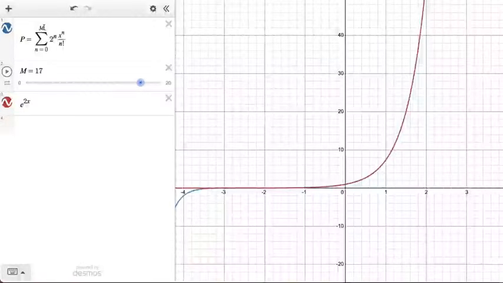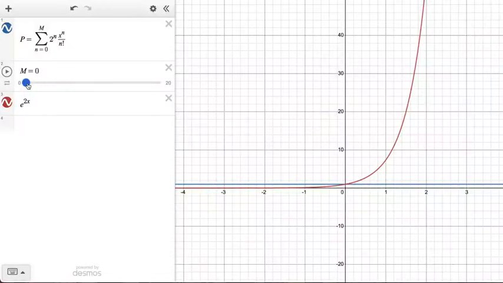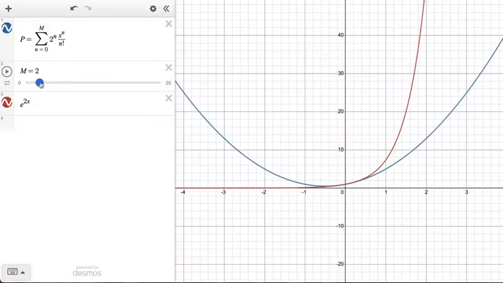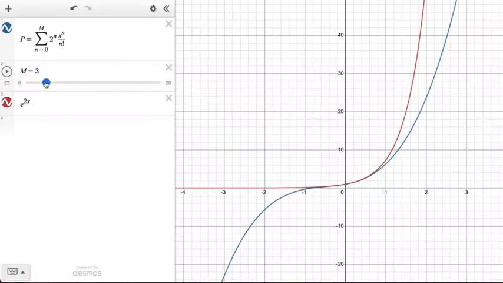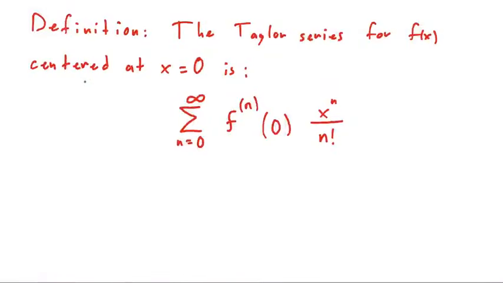In fact, if we were to let the number of terms go to infinity, our power series would exactly equal the function e to the 2x. Once again, the important idea is that the derivatives of the power series match the derivatives of the function at x equals 0. This gives us the definition of Taylor series.